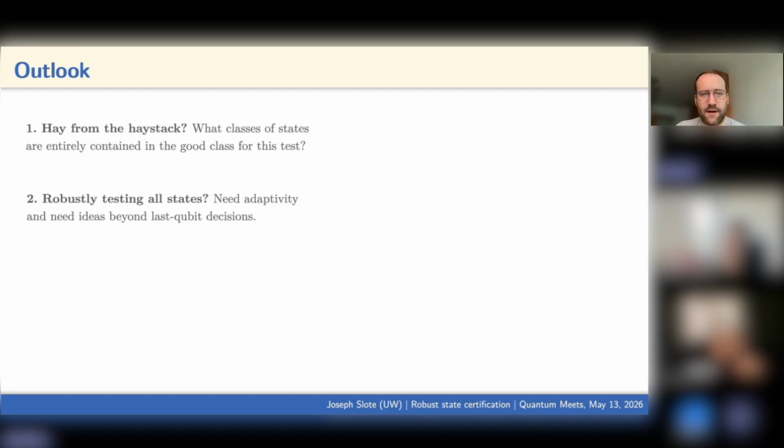Of course, the one really exciting thing here is to robustly test all states. So you do need adaptivity. The other thing is you can argue that all of the protocols in the literature so far do a bunch of measurements, and future measurements may depend on the previous measurements.